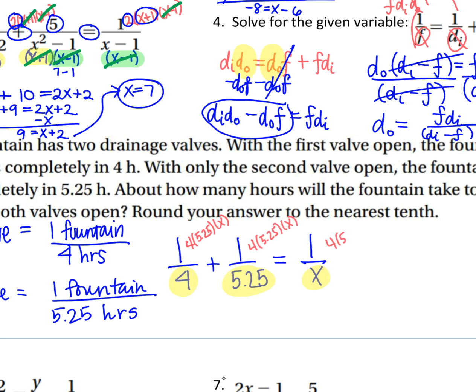You could use parentheses like I did in the last one, but I'm just going to write it out 3 times, okay? So then we cancel. The 4 cancels. So what's left is 5.25 times x. The 5.25 cancels. So we have 4x. The x cancels. So we have 4 times 5.25, which is 21.